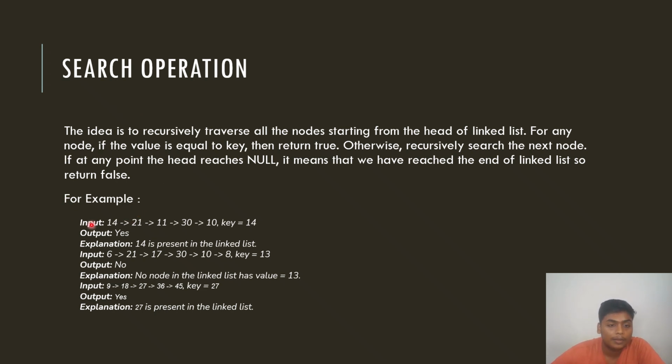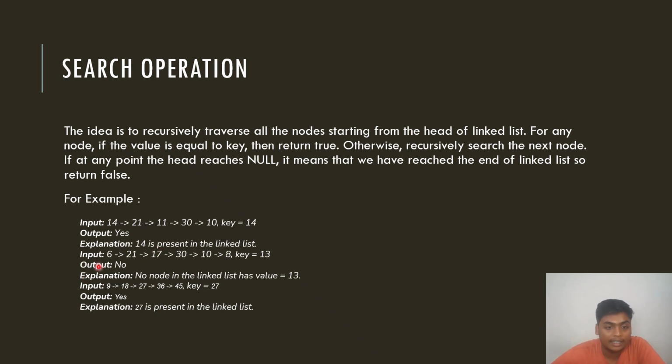Looking at some examples here for better understanding, these are circular linked lists. Obviously 10 will be pointing back to 14, starting off with 14, and the key value provided here is 14. So we can see that 14 is present in the list, so the output was yes.